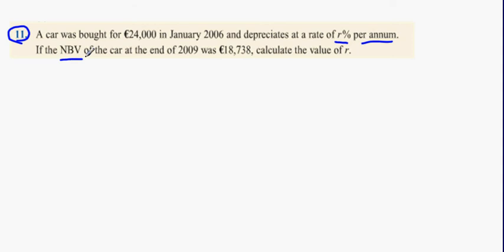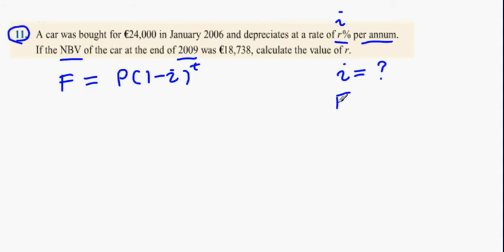The value of the car at the end of 2009 was 18,738, calculate the value of R. So look, we know that F equals P into 1 minus I times T. Now I is basically the same thing as R. I we don't know. We know that F is 18,738. We know that P is 24,000.